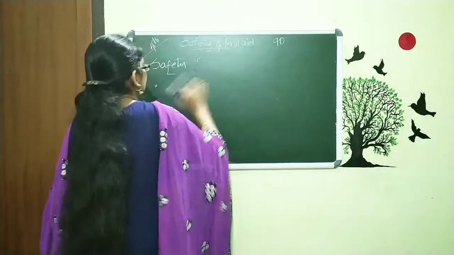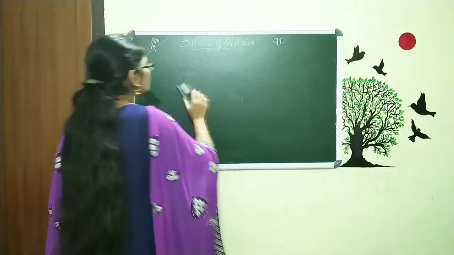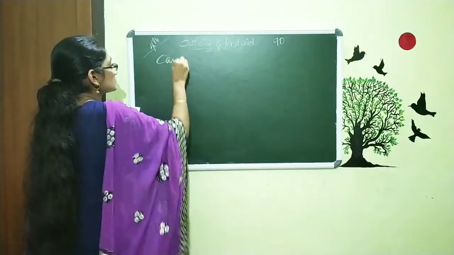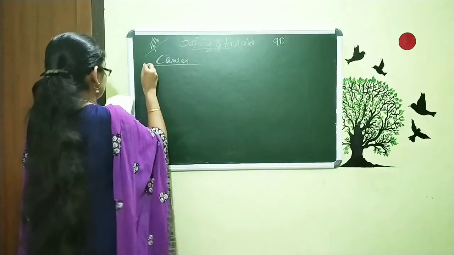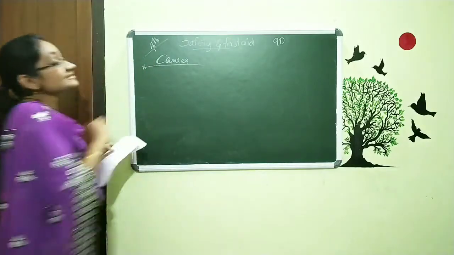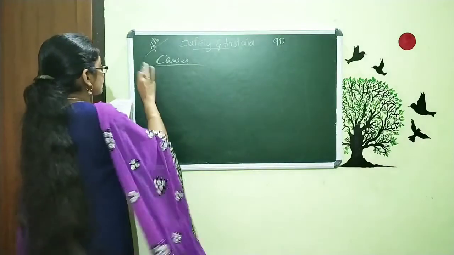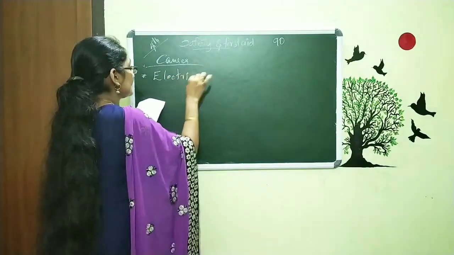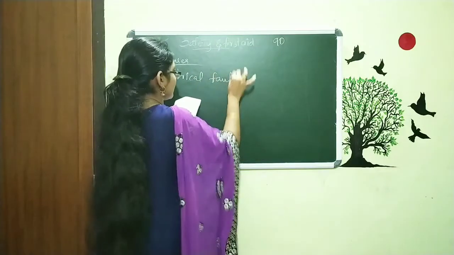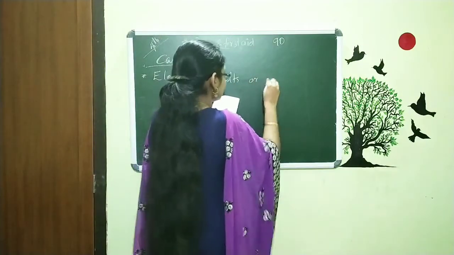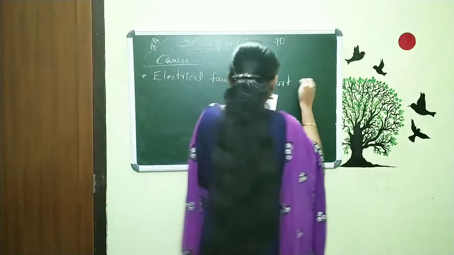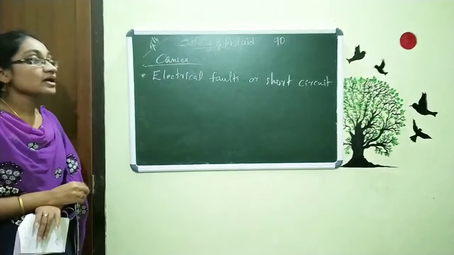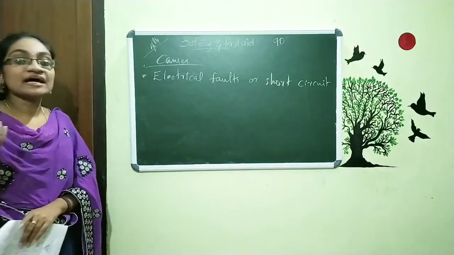How this fire occurs. Some of the things we discuss here. The first one is electrical faults or short circuit. That means with electricity, we know there are a number of wires.